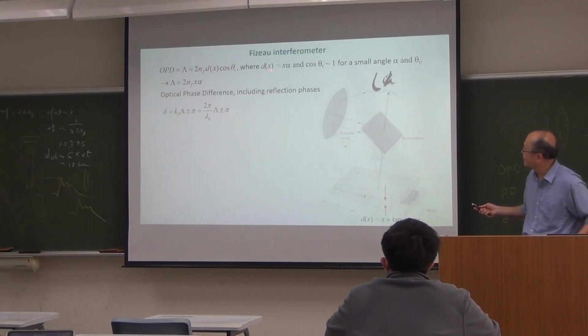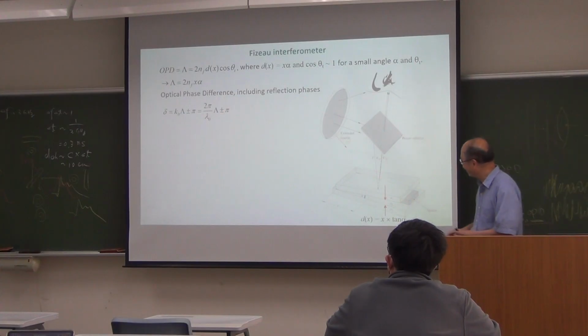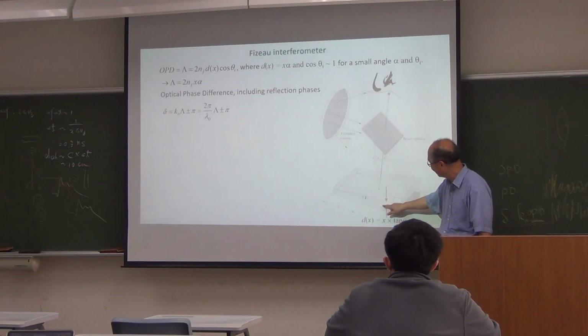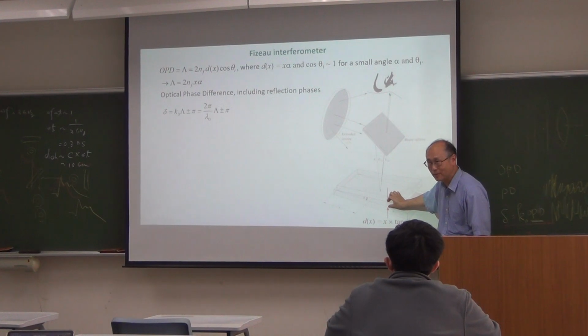If I have this d value as x, then the optic phase is given by this, but don't forget that there's an internal refraction and an external refraction. The two surfaces we are using are these two.